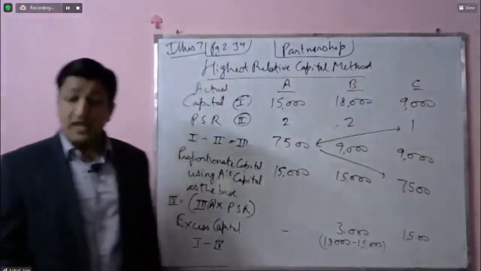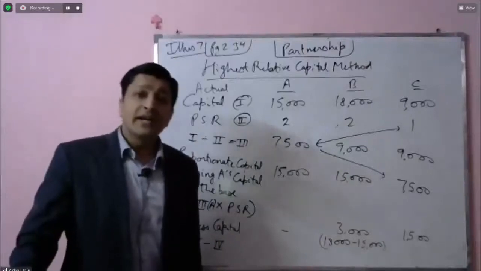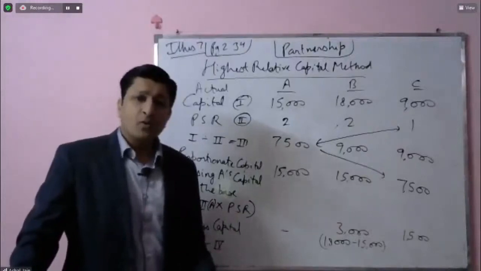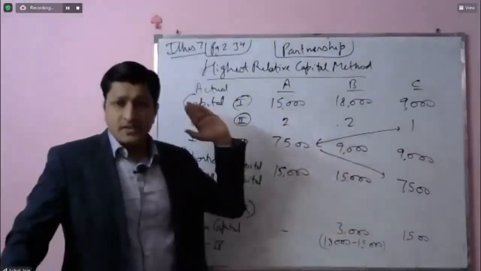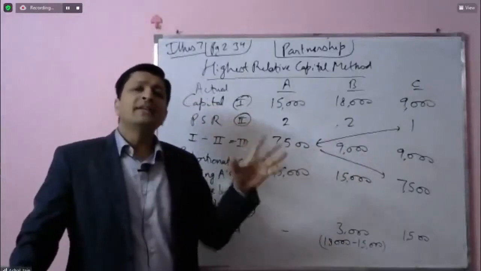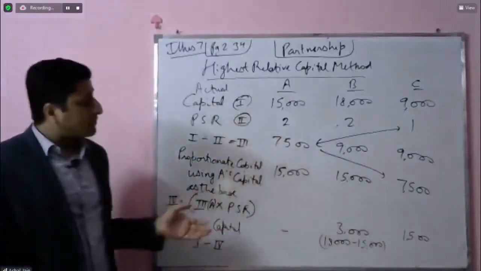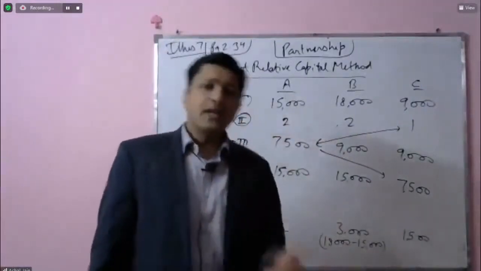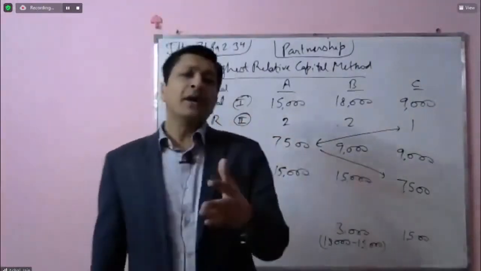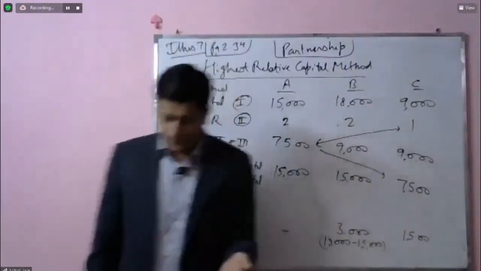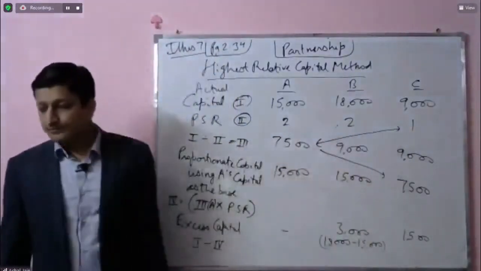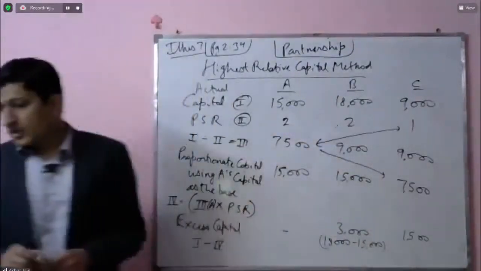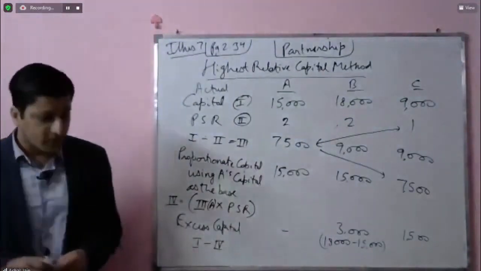We have computed the amounts which would be paid on priority, or you can say preferential amounts, which would be paid to B and C before paying anything to A. And after the payment of 3,000 and 1,500 is made to B and C, then the amount will be paid to all the partners as and when it comes in their profit sharing ratio. Clear? Clear on this part? Yeah? Okay, so now we need to move further.